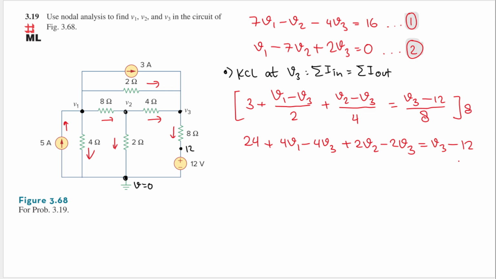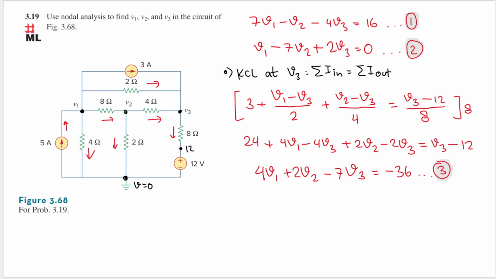Good. Now I will have 4V1 here, and then 2V2, and then minus 4 minus 2 minus 1, I will have minus 7V3. And I will have minus 12 minus 24, that is minus 36. Let's save this as our third equation here.